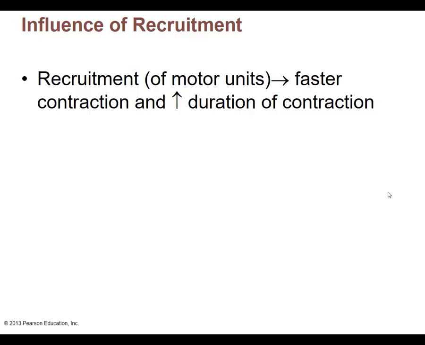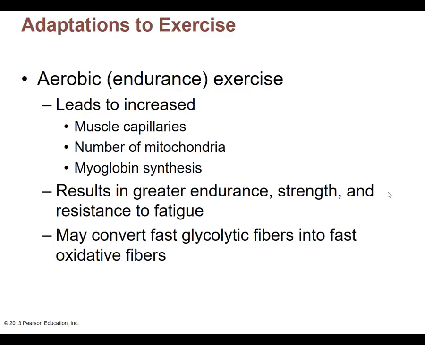Now, if you're wondering how exercise helps, if you start an exercise program, what does that actually do to your muscles? One, if you're working on aerobic or endurance type exercises, say you're going to run your first couch to 5K, every time you go out and run, that leads to more muscle capillaries. We can start bringing more oxygenated blood to your muscles. The number of mitochondria are going to start to increase.